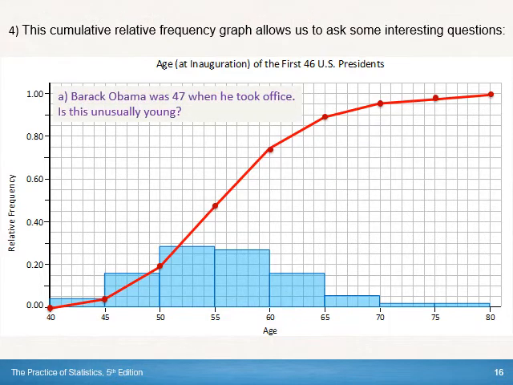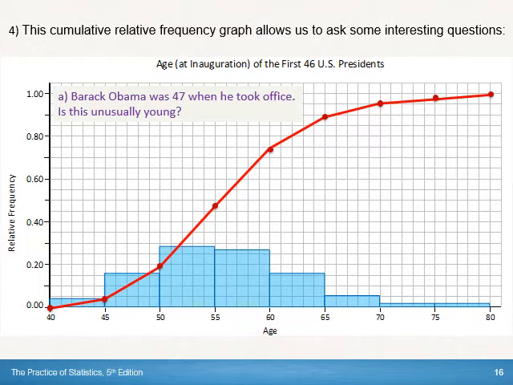All right, so at the bottom of this page, there are a couple of questions. So number 4 says, the cumulative relative frequency graph allows us to ask some interesting questions. All right, so the first question, A. Barack Obama was 47 when he took office. Is this unusually young? So in other words, where does that fall in the distribution?